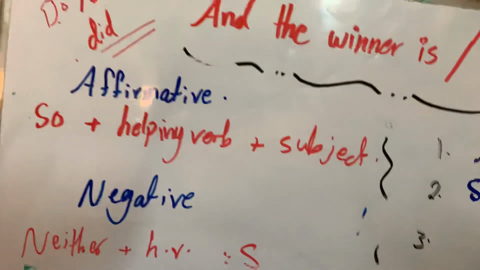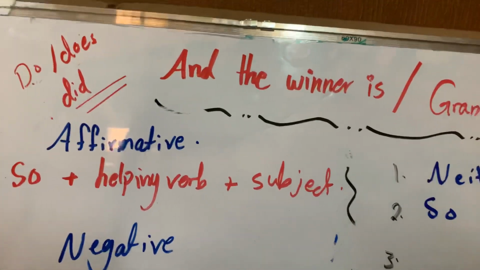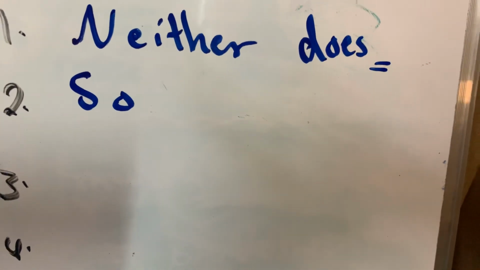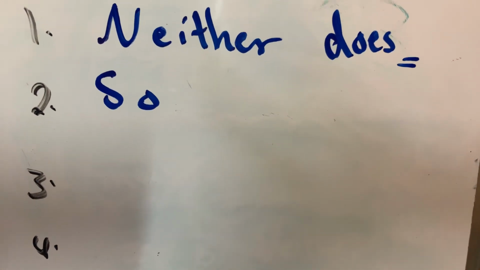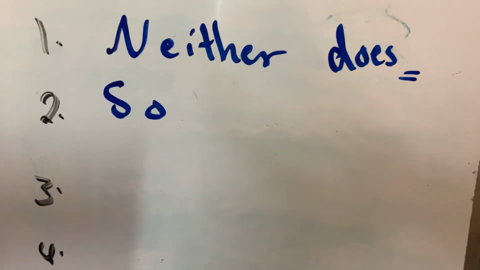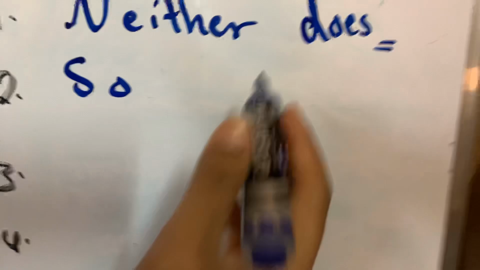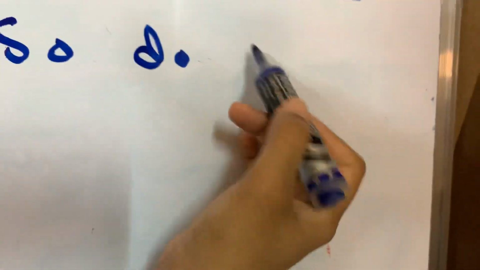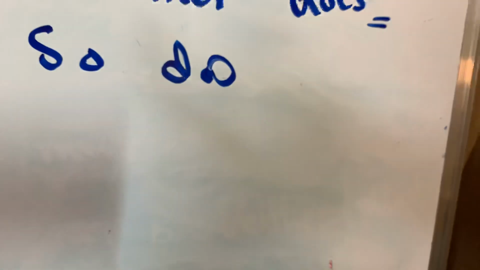We will use one of the three: do, does, or did. The sentence is present, not past. If it is past, I will use did. If it is present, I will use do or does. I takes do. So do I. "I" is written in your book.